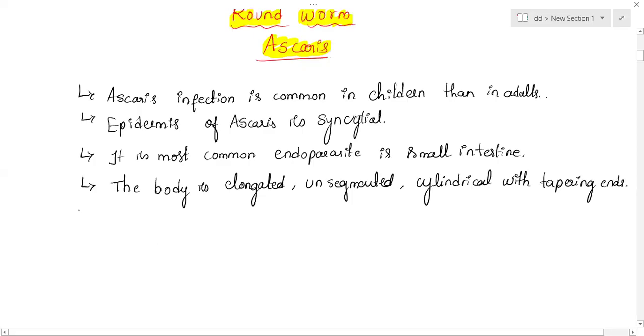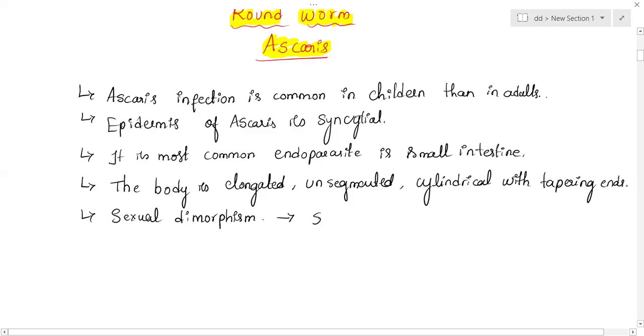Here, as you know, sexual dimorphism can be seen. What do you mean by sexual dimorphism? Usually, if both male and female are in one body, we call them hermaphrodite. If the male is separate and the female is separate, we call it sexual dimorphism.